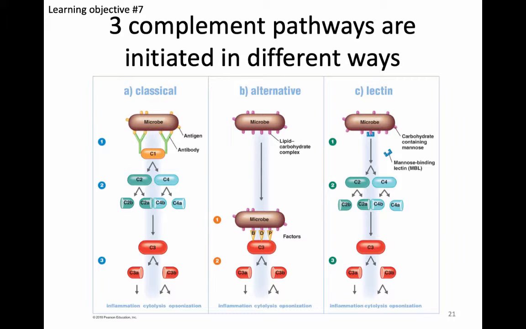So the classical pathway is initiated by antibody binding to antigen. Carbohydrate molecules containing mannose also are only present on microbes.